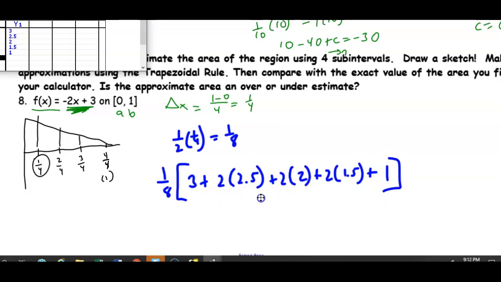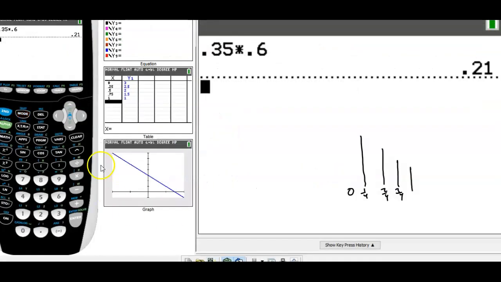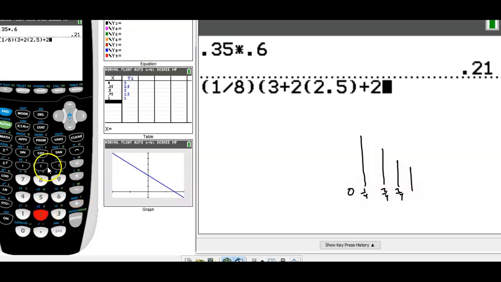All right. And so when we do that, we said 1/8 times, we said 1 times 3 plus 2 times 2.5 plus 2 times 2.